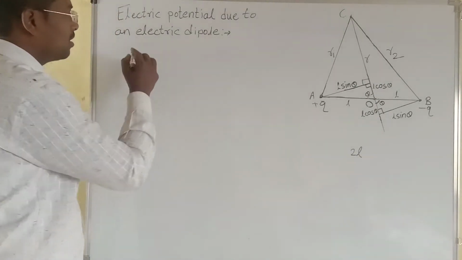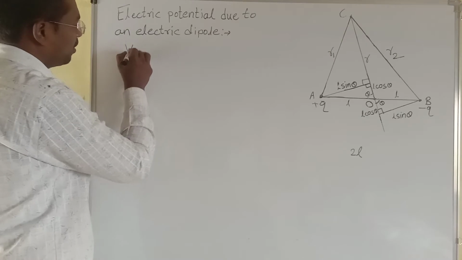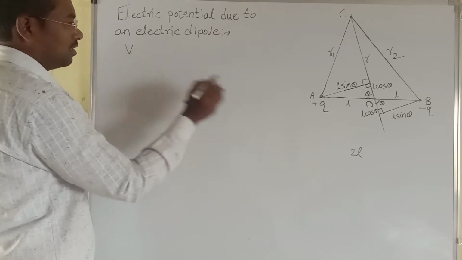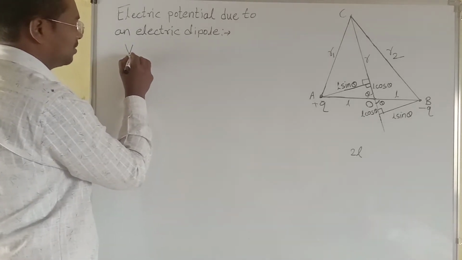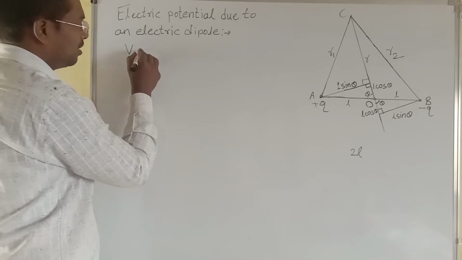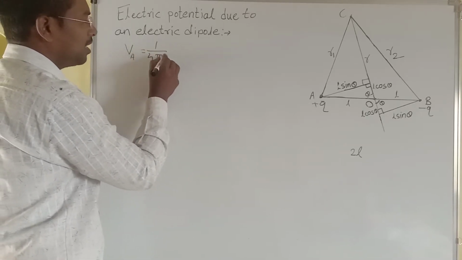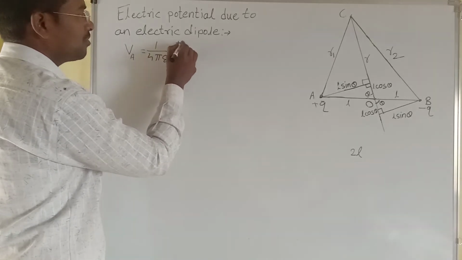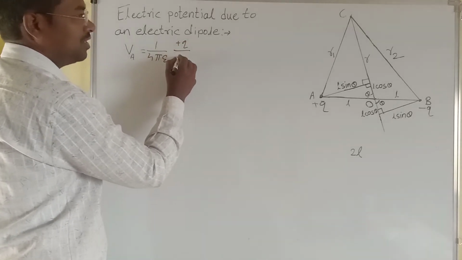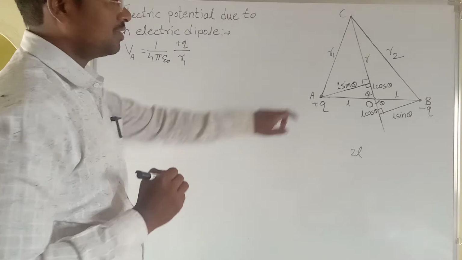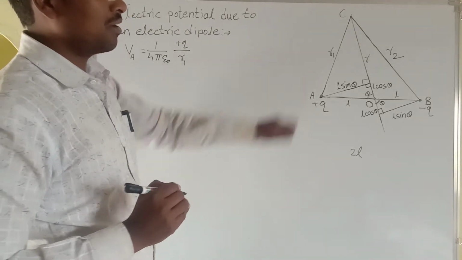So the electric potential due to this plus q charge, call this VA, is equal to 1 upon 4 pi epsilon naught times this plus q charge divided by the distance R1.